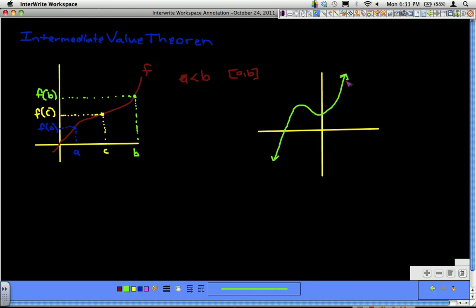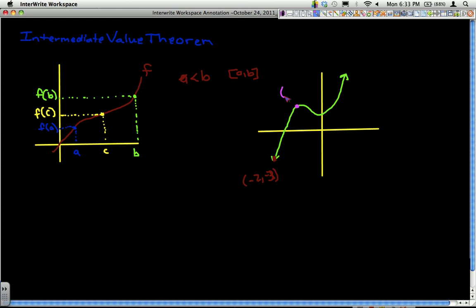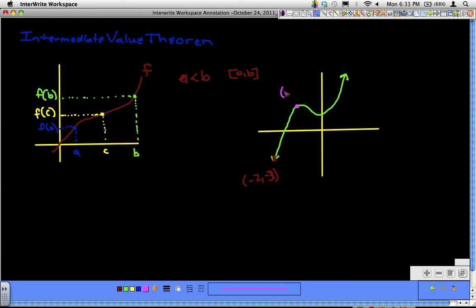Now we're going to find 2 points on our graph, and we'll label them both. So let's go with our endpoint here, and let's say that's at (-2, -3). And let's find another point here, and let's say that point is at (-1, 1). Obviously not drawn to scale, but you get the idea.